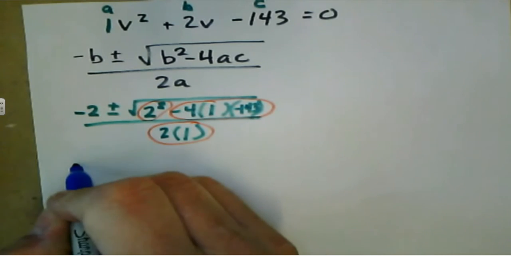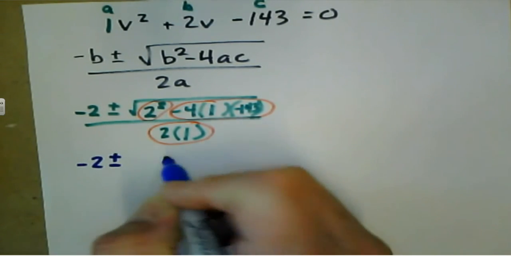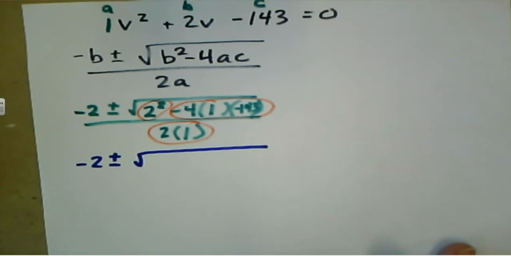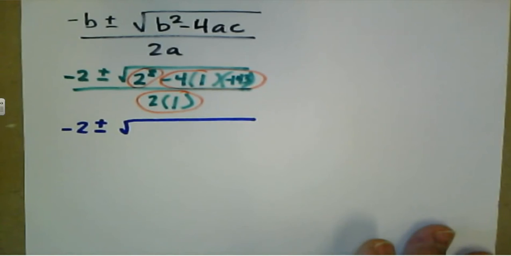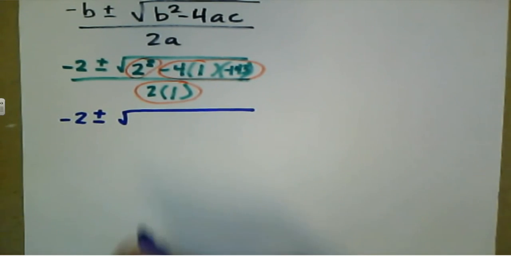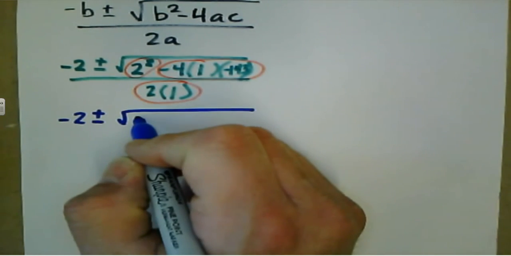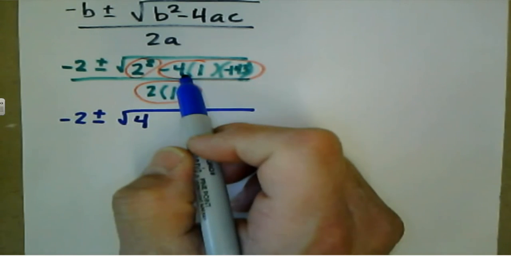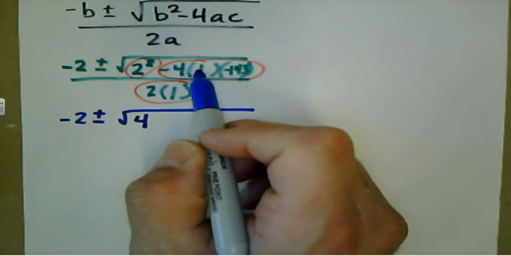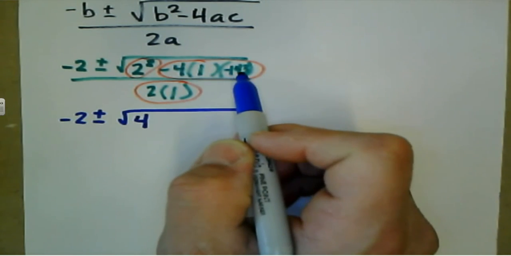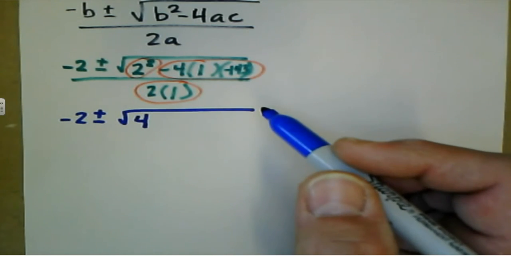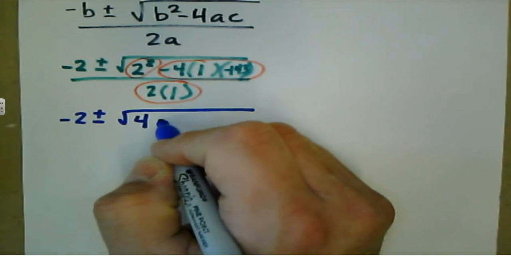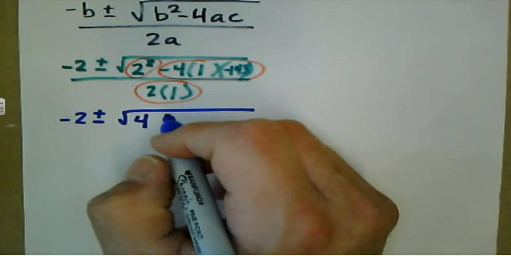So I'm going to rewrite -2 plus or minus and the radical. 2 squared, which is 2 times 2 is 4. Now, somebody help me out here. -4 times 1 is -4, so -4 times -143. What is it?